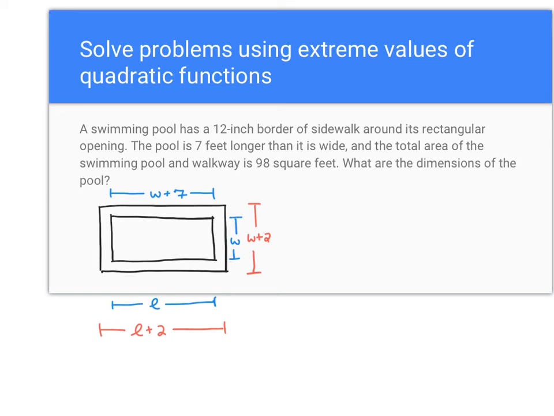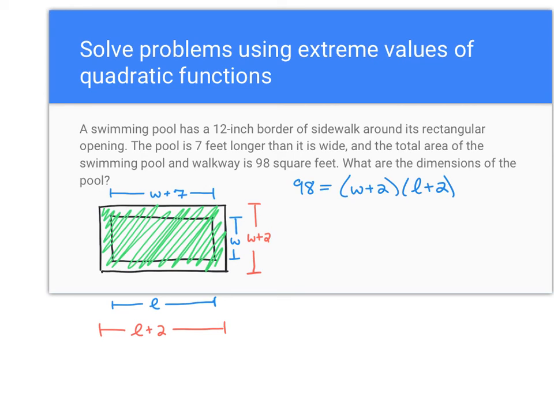We know that the total area of the swimming pool and walkway, so the area of the entire thing, is 98 square feet. Based on our picture, we can see that that area, length times width, would be L plus 2 times W plus 2. Okay, so 98 square feet is W plus 2 times L plus 2. But we know that L is really W plus 7.